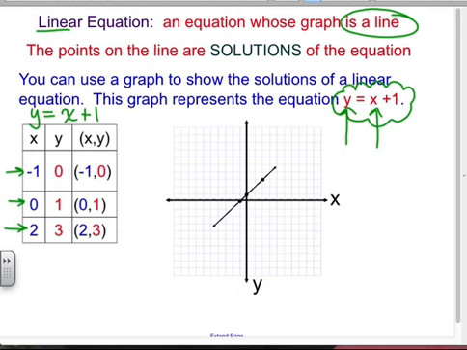So check this out. The first one, for y equals x plus 1, I told you, let's choose a negative 1 for the x value and substitute that in. So down below, y equals x, we're going to plug in the negative 1, and then there's the plus 1, right? There's the rest of the equation. What's a negative 1 plus 1?